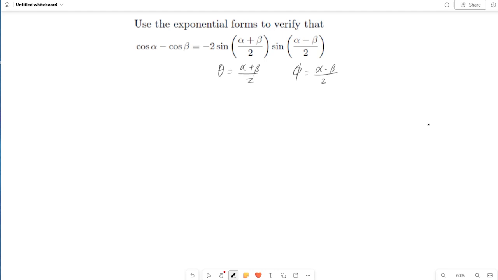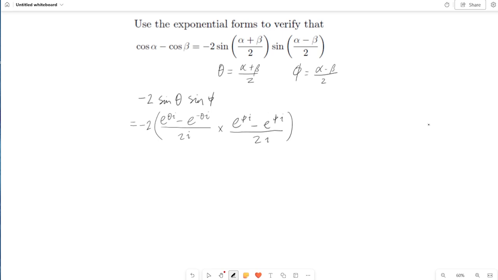So now we end up with minus 2 sine theta sine phi, and then we can swap them out with their exponential form. So minus 2, if you remember, e to the theta i minus its conjugate over 2i, and then times sine phi, which is e to the power of phi i minus its conjugate over 2i.